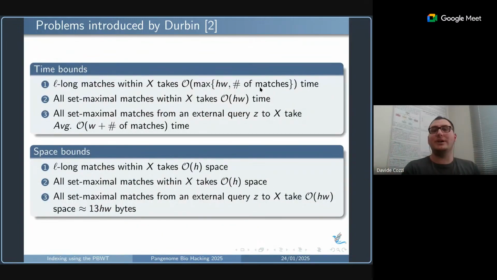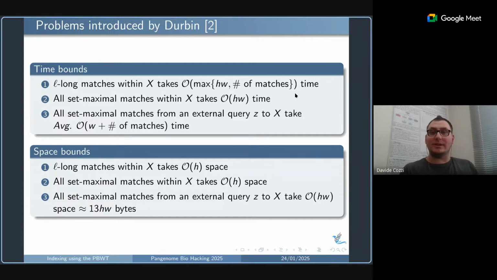As said before, we say efficient, but how efficient are these algorithms? For the L-long matches, Richard Durbin proposed an algorithm that runs in, okay, this is the real complexity, but just focus on the H W sides. So we can say this algorithm runs linearly in the size of the matrix.